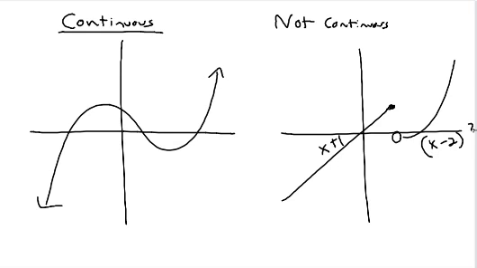That one would not be continuous. So I just wanted to introduce the idea of a continuous function versus one that's not. But what we're going to do a lot with today is we are going to analyze a polynomial function using the leading coefficient test. It's pretty easy.